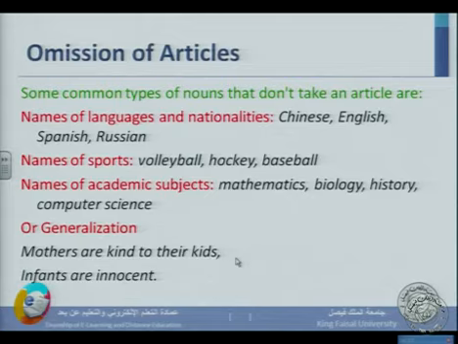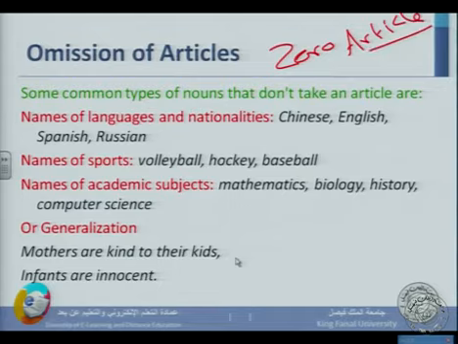Sometimes we can omit the articles. Omission of articles أحيانا تحذف. هذا ما نسميه بالzero article. Okay, zero article. Some common types of nouns that do not take an article are names of languages and nationalities، مثل أسماء اللغات والجنسيات. مثلا Jordanian ما بحكي the Jordanian.